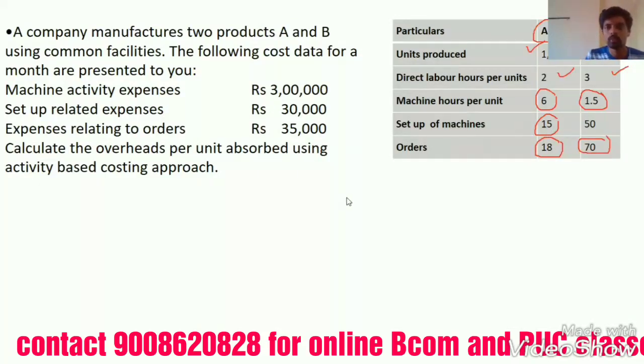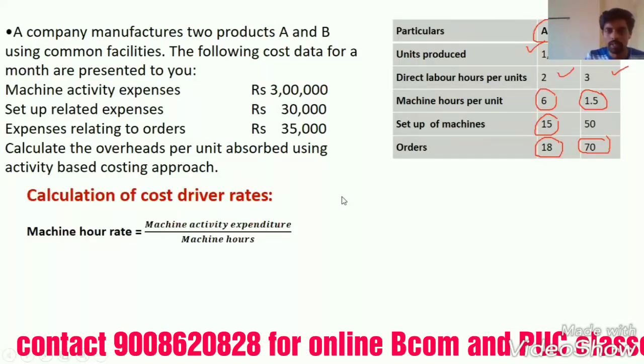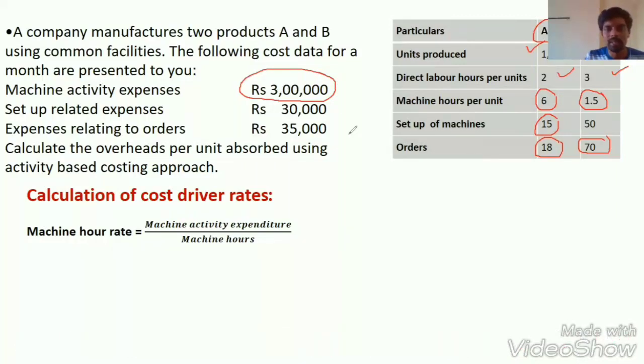So the first step is to find out the cost rates. So we'll find out the cost driver rates now. First, we will find out cost rate for this mission activity. So here the total cost pool is 3 lakh rupees. So mission activity expenditure. In the numerator, I will write 3 lakhs. Divided by, in the denominator, we should write mission hours.